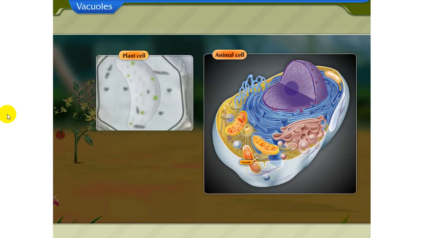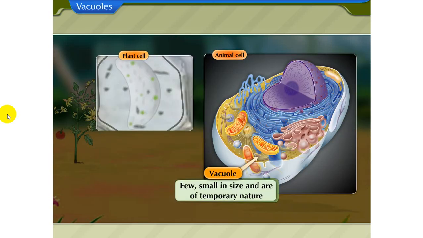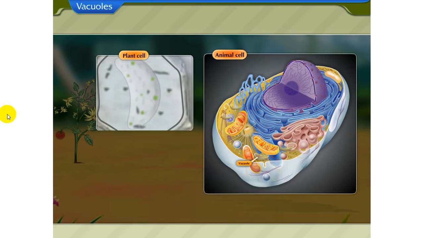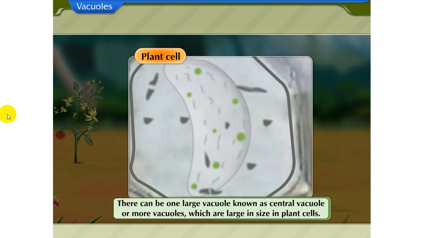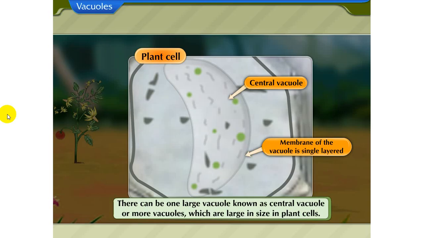In animal cells, vacuoles are few, small in size and are of temporary nature. In plant cells, we come across one large vacuole known as a central vacuole, or more vacuoles which are large in size. The membrane of the vacuole is single-layered.